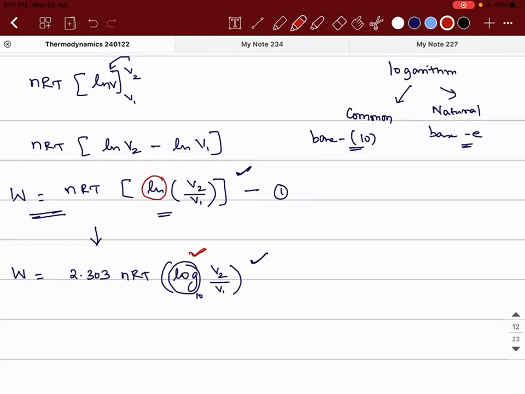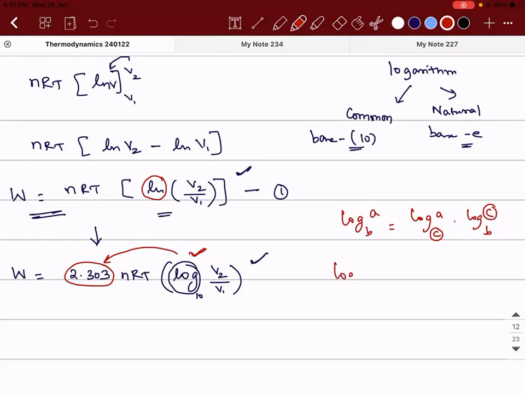Whenever you convert log base E to log base 10, you need to multiply it with 2.303. The reason is very simple, because log of A base B can be written as log of A base C into log of C base B. You can introduce some other base like this and split it. That is one of the properties.